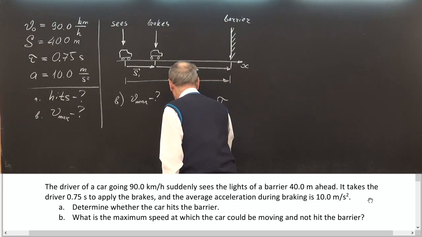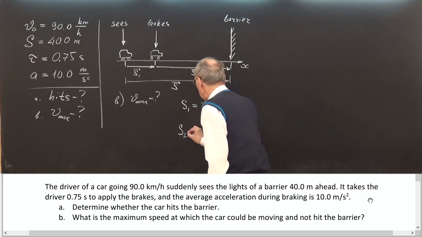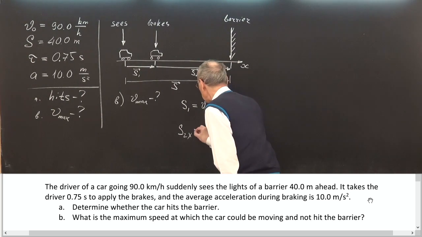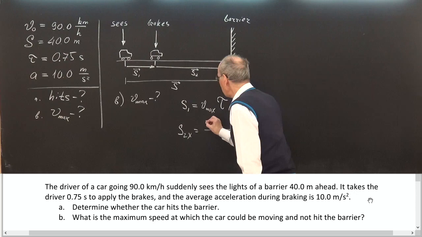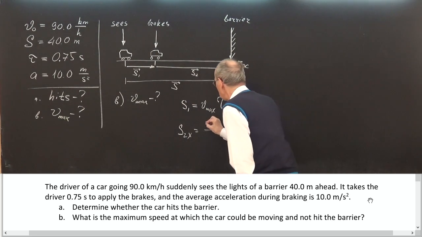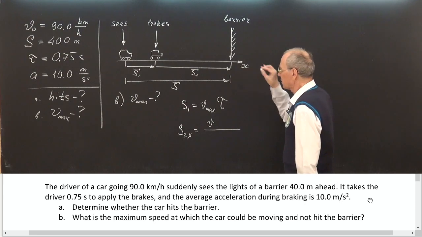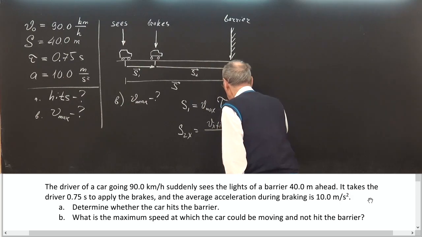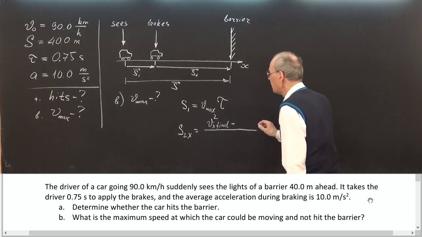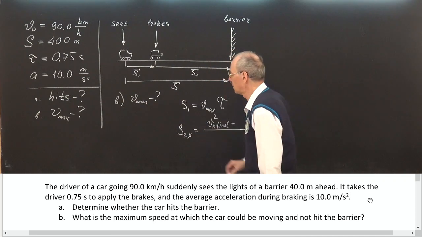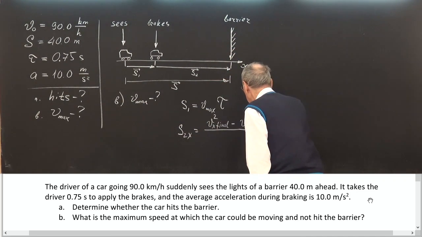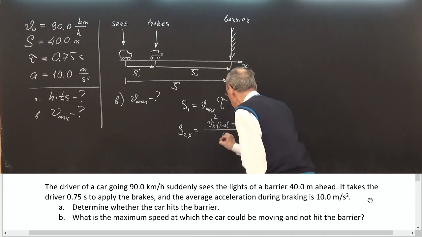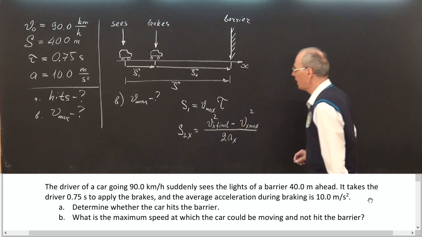S2, the x component of the S2 vector, equals the final velocity x component squared minus the initial velocity, Vx maximum, squared, divided by 2ax.